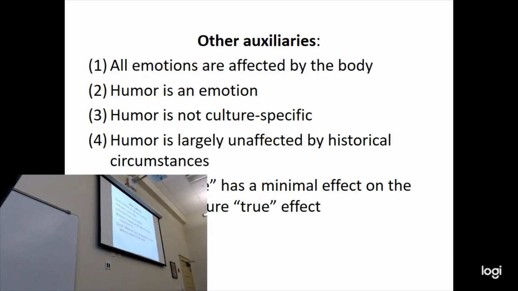Something that's generally true in the social sciences is that culture probably affects a lot of different things. We don't know what, though. But something that might be in the protective belt is that this phenomenon is not culture specific.